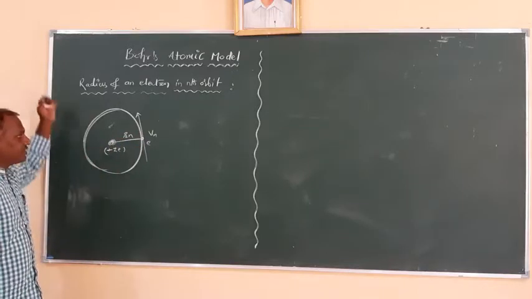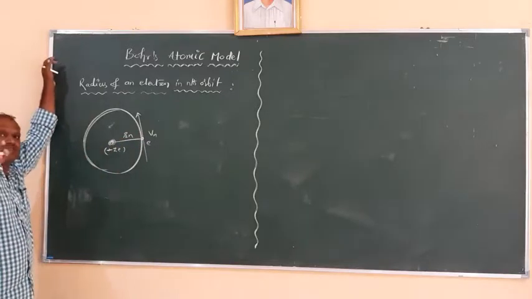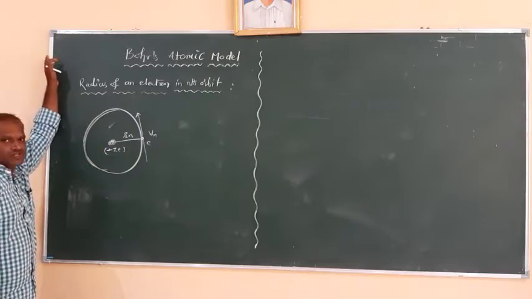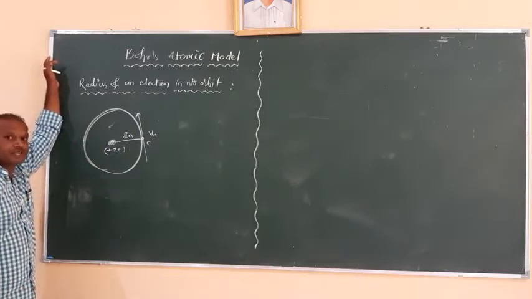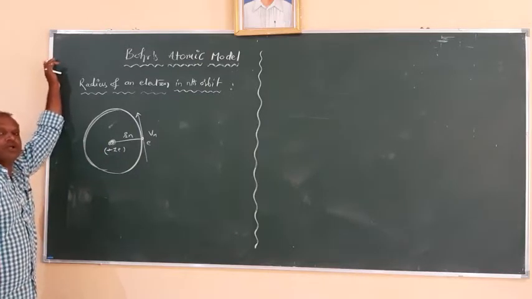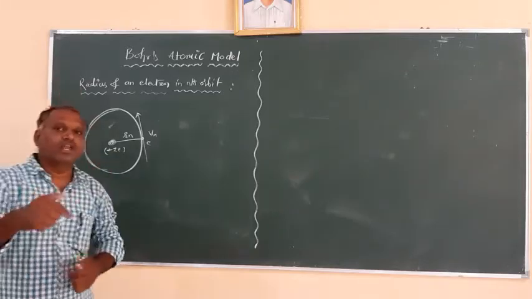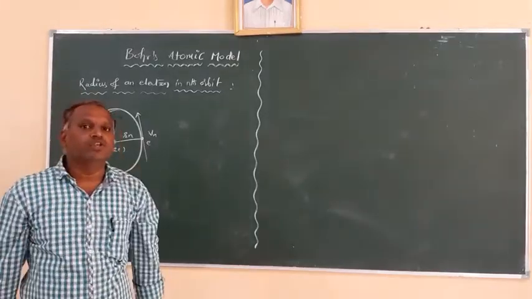Now apply the postulates given by Bohr to study the structure of the atom. The first postulate gives us the information that the centripetal force is equal to the electrostatic force between the electron and the nucleus.